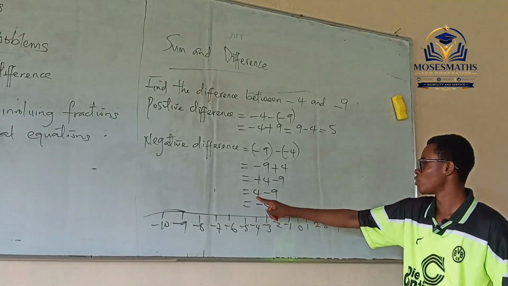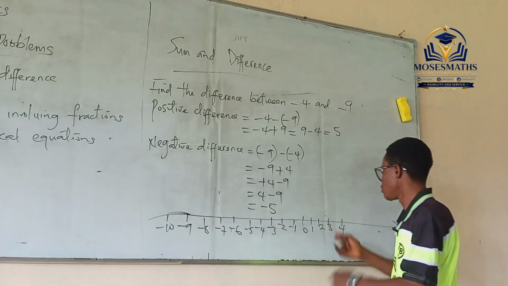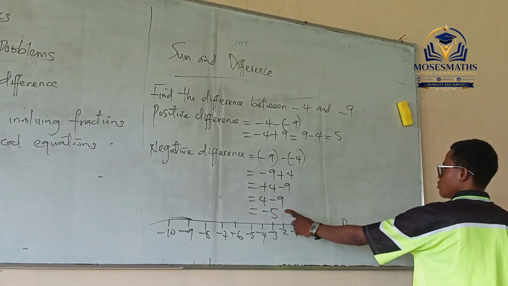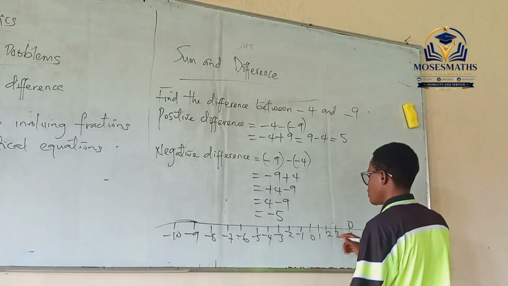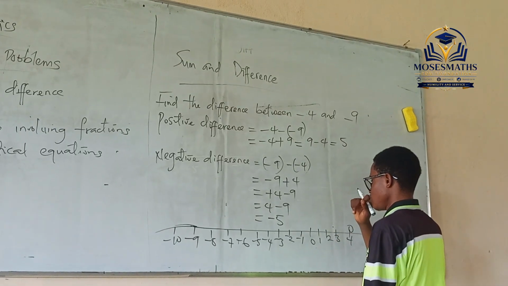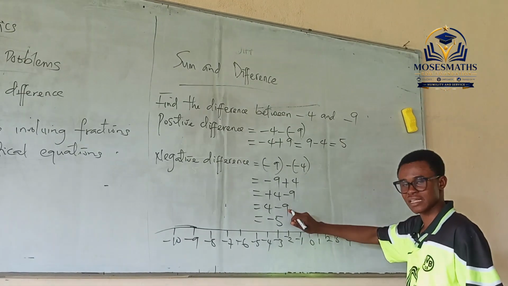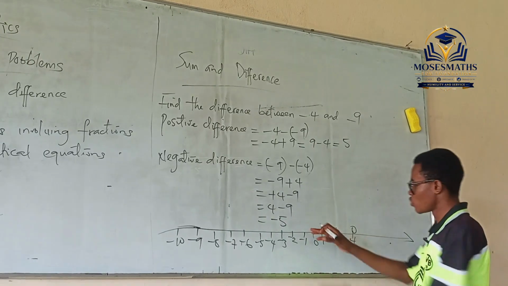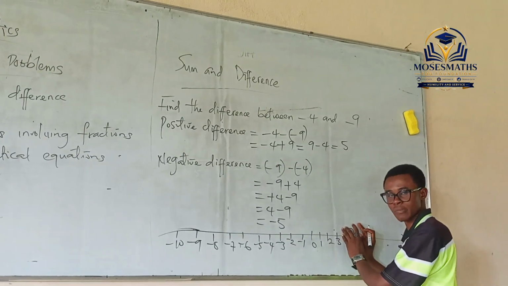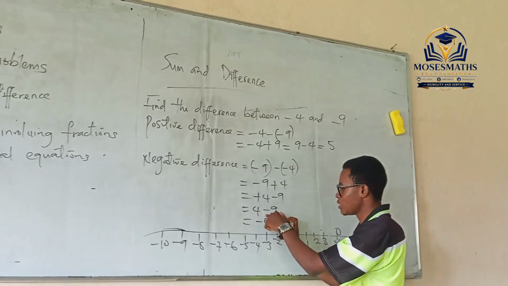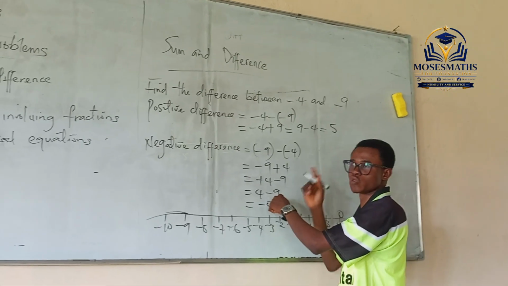So I have a 4. Where is 4? 4 is here. Then this is my 9. I'm going to move backwards 9 times. That's what this minus 9 means. Once you locate your plus 4, that first number, the minus is going to tell you to move backwards. Then the number there will tell you the number of times you have to move backward.